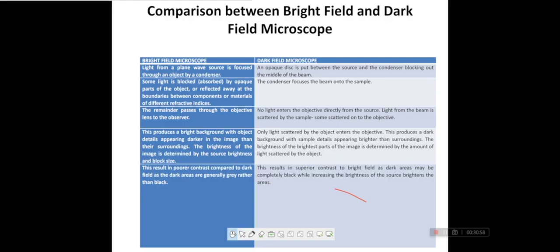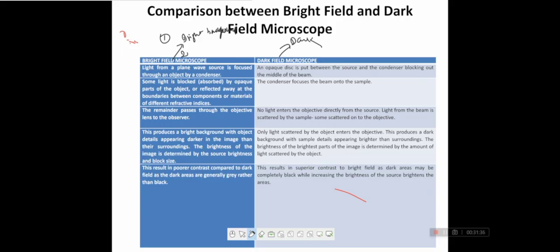So in simple language, if someone asks you what is the difference between bright field and dark field, then you clearly say: the first difference is that in bright field microscopy a bright background is used, the background is bright; in dark field, the background is dark.